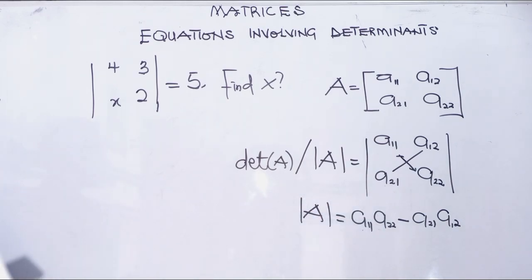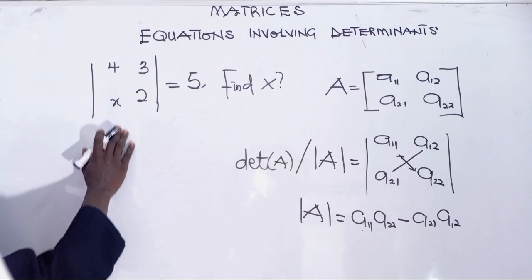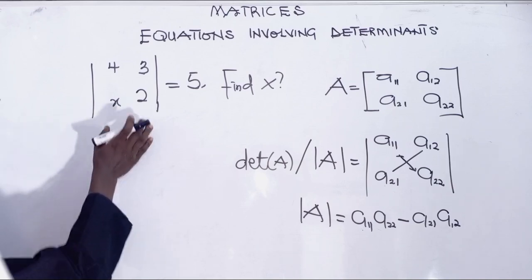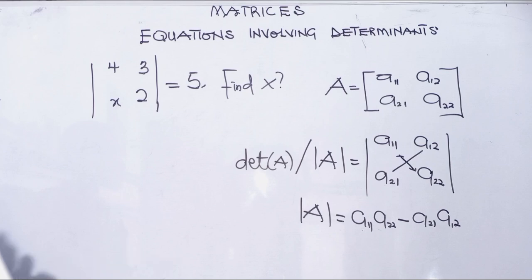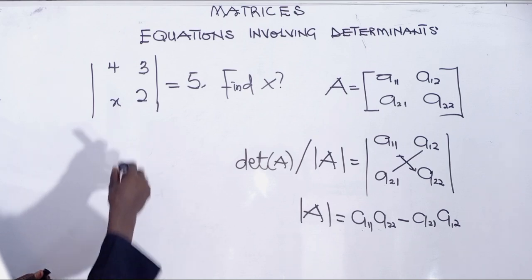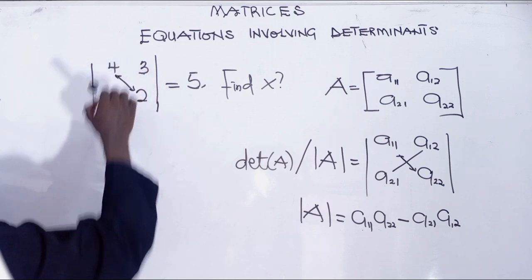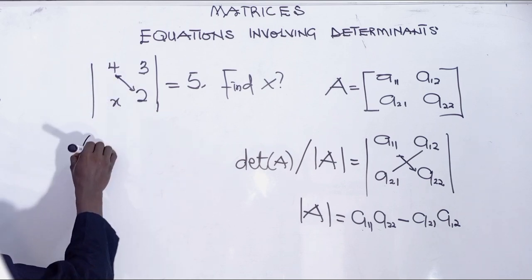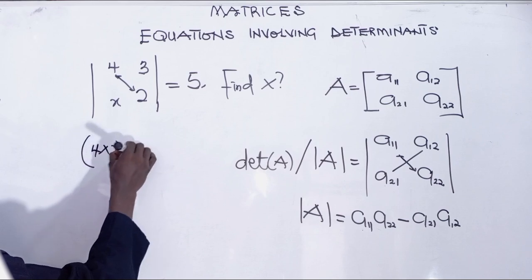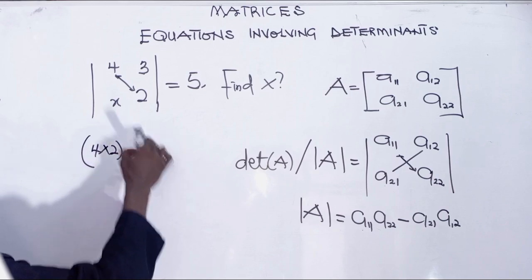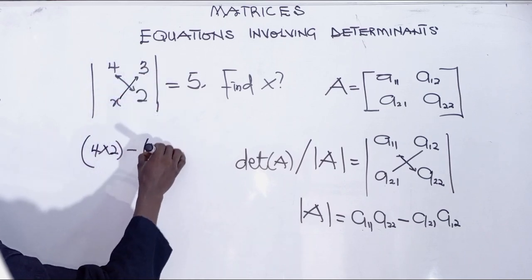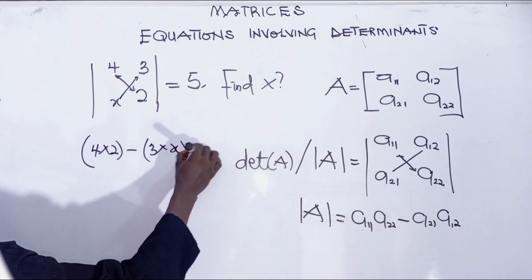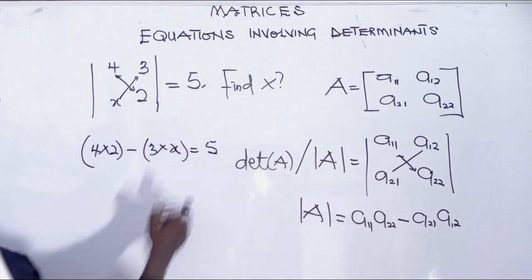So this should tell us that in order to find the value of x, we have to find the determinant of this matrix and then equate it to the number 5. So in doing that, we first do our cross multiplication. This will multiply that, so we have 4 times 2 minus this times that, 3 times x, and the whole of this is equal to 5.